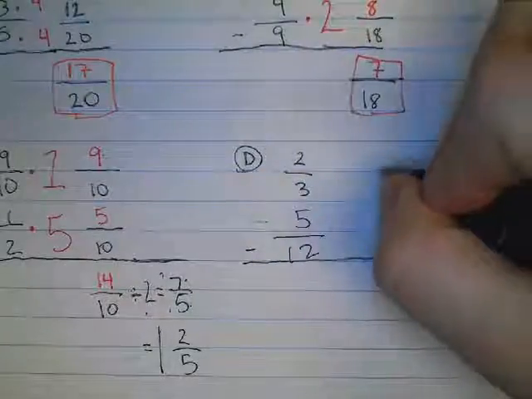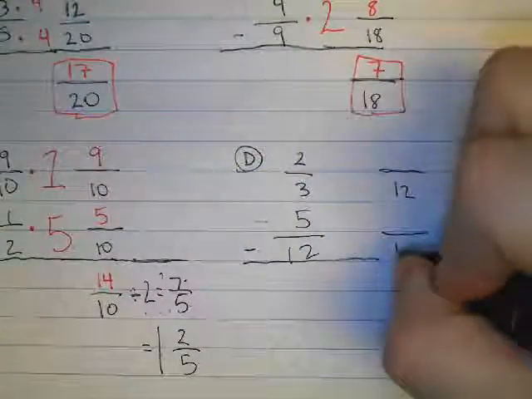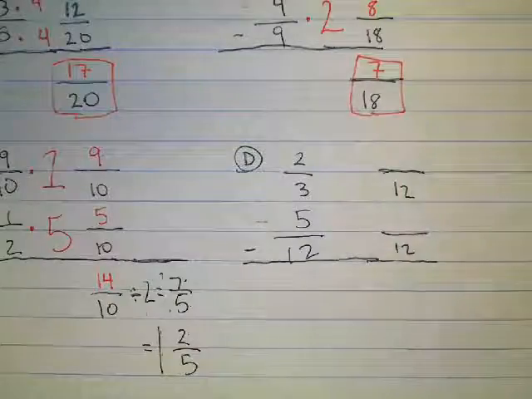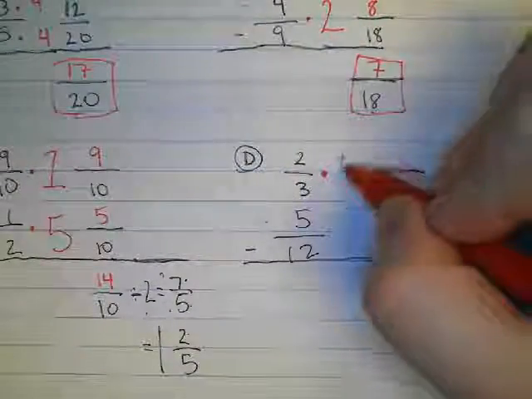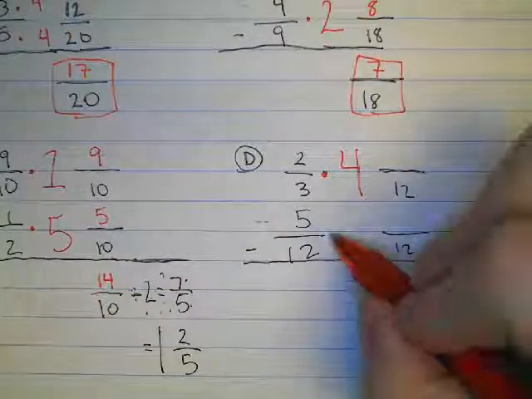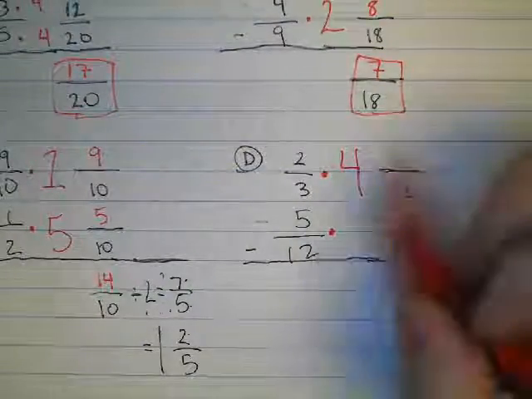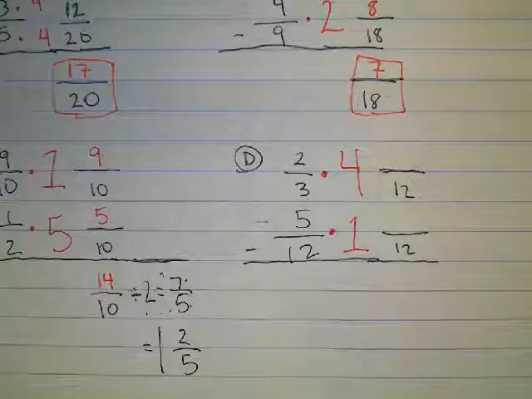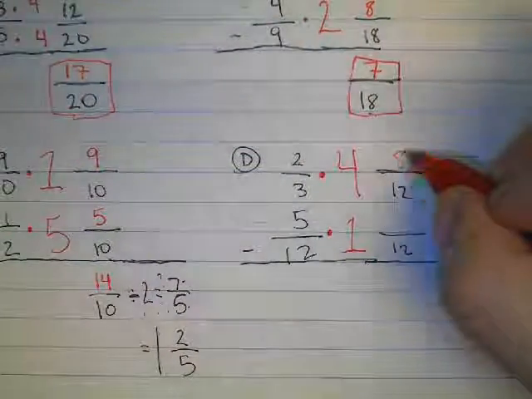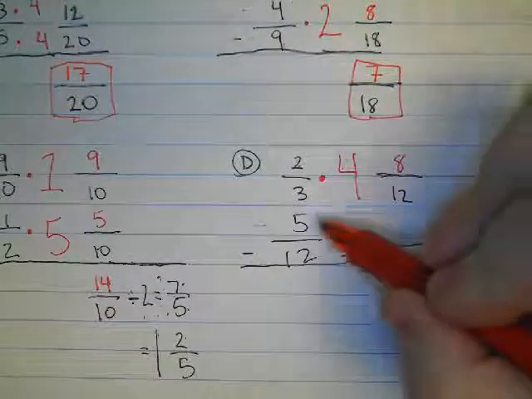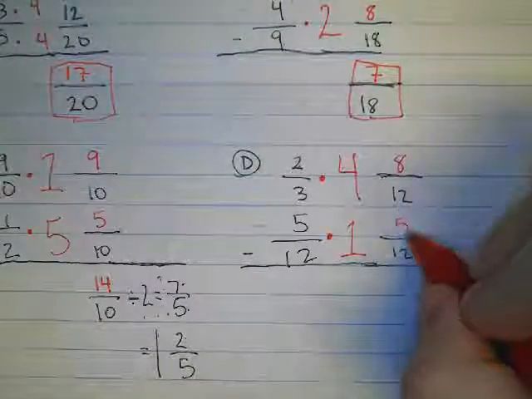So we know we're going to end up with 12 as our denominator. So we'll go ahead and write that in. Now what are we multiplying by? Well, 3 times 4 is 12. And then for this bottom one, 12 times 1 is 12. Now let's do our multiplication. 2 times 4 is 8. And 5 times 1 is 5.